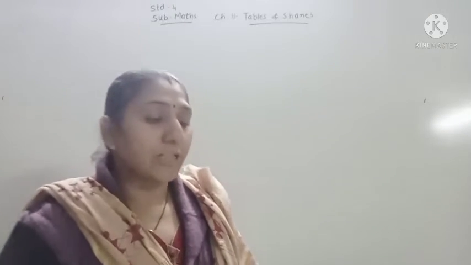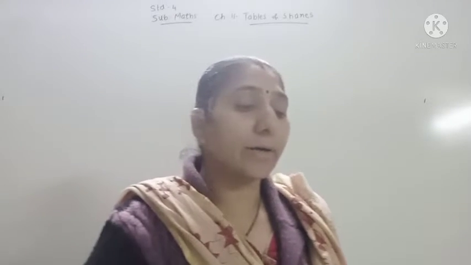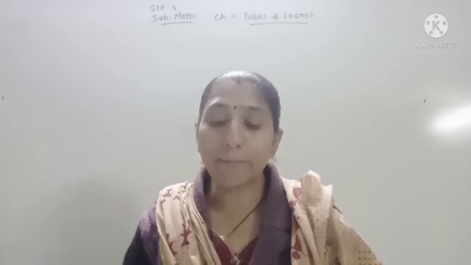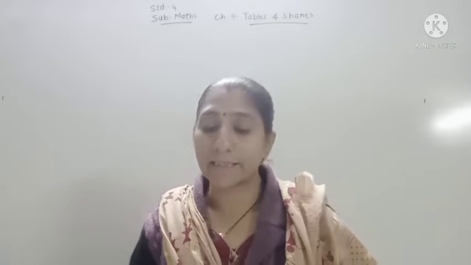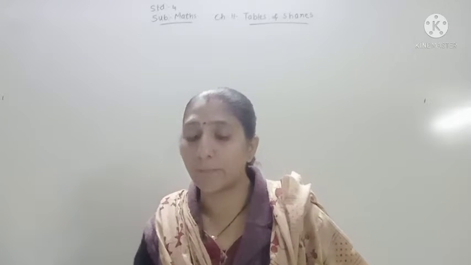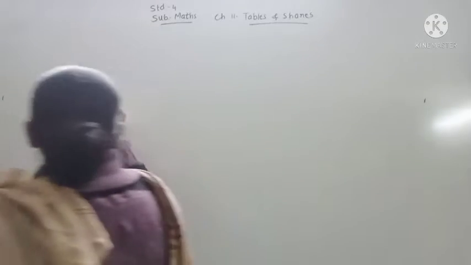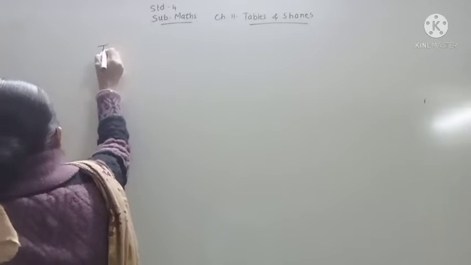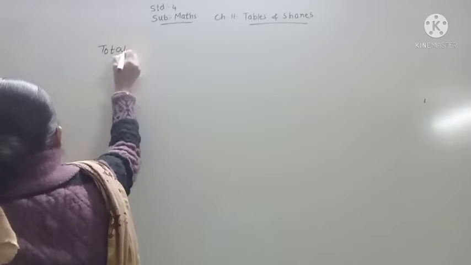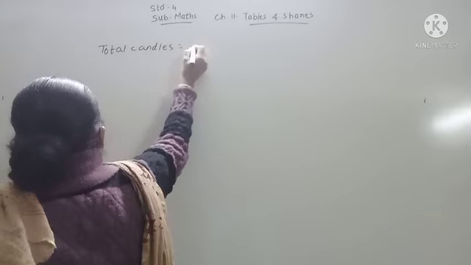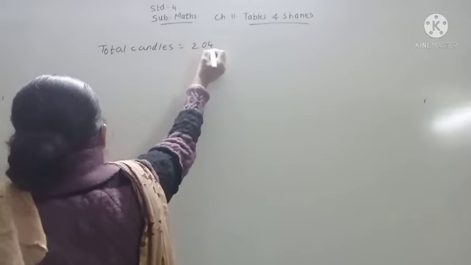Now on the next page, Meera made 204 candles to sell in the market. She makes packets of 6. How many packets will she make? Now Meera is having totally how many candles? Total candles is equal to 204.